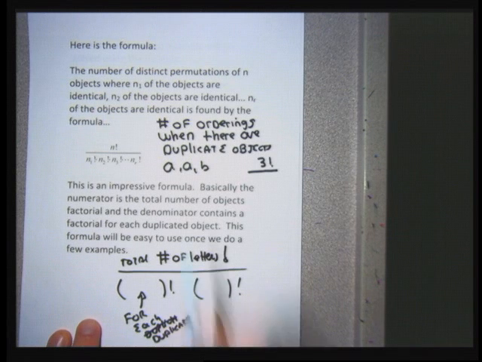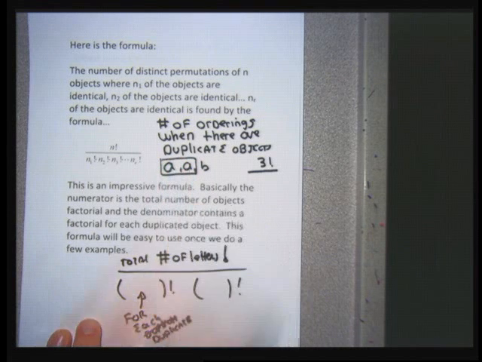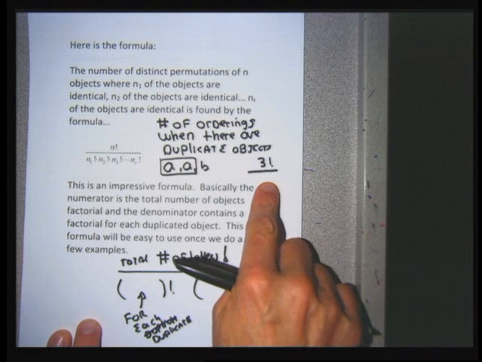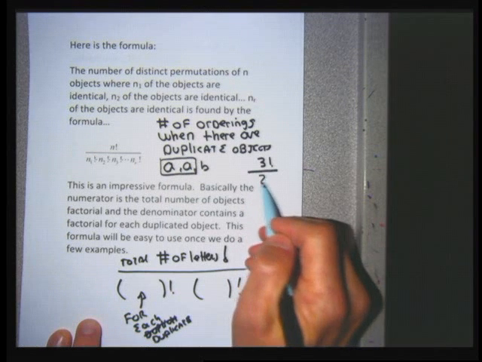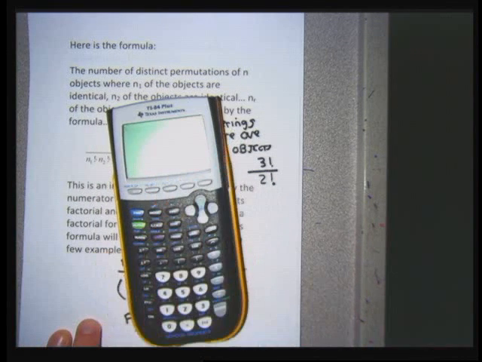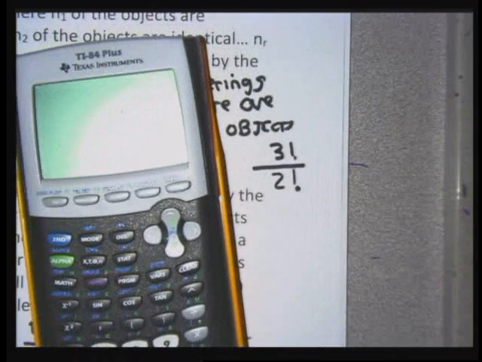In our problem, we only have 1 letter that's duplicated, the letter A, so there's only going to be 1 factorial in the denominator, and it's going to be a 2 factorial. So if I do 3 factorial divided by 2 factorial, it's going to give me the number of ways there are to order these. Let me bust that out on my calculator.